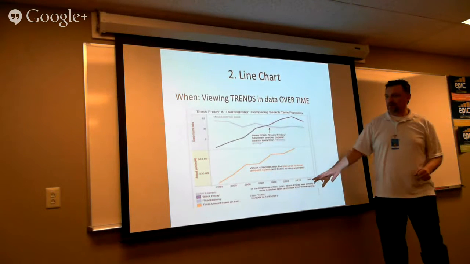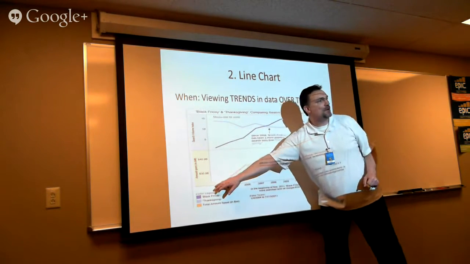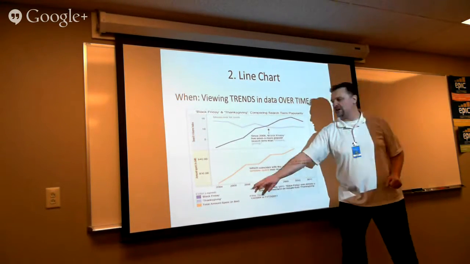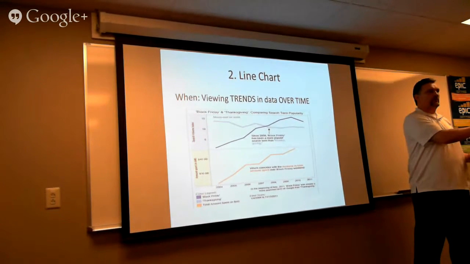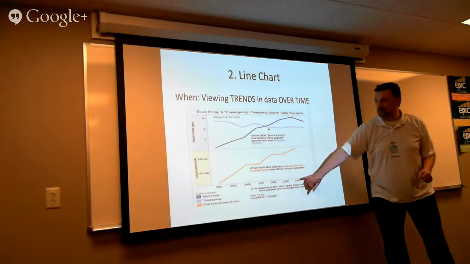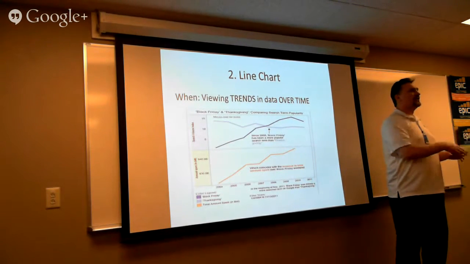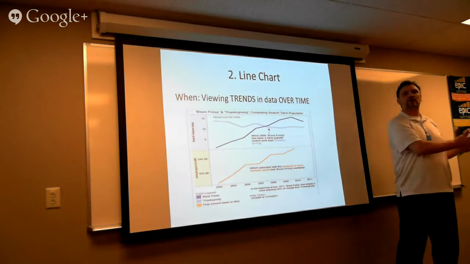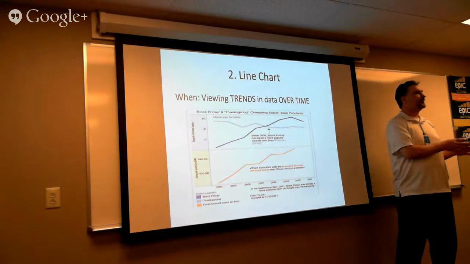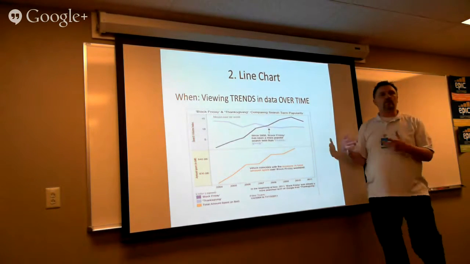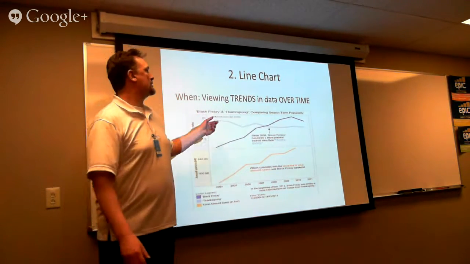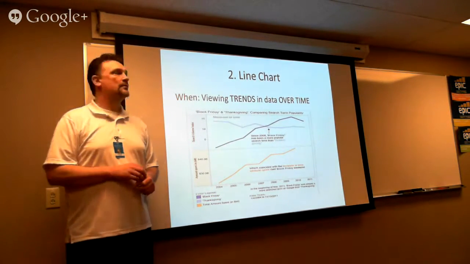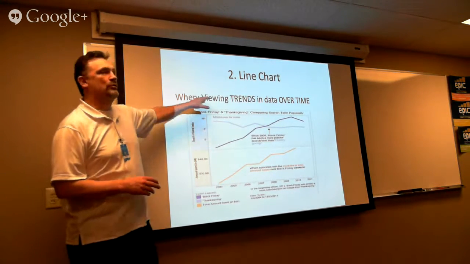Very typically the x-axis is some kind of time variable. In this case, it's years. It could be days. It could be seconds. But it typically is some kind of time variable. So if you end up with anything that has a time variable in it, consider something like this. Viewing trends.